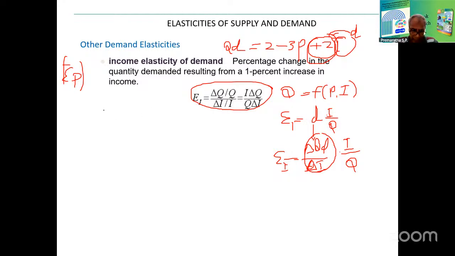But the income elasticity, if you measure it, can be less than 0, or greater than 0, or greater than 0 and less than 1, in between 0 and 1, or a greater than 1 situation can happen.